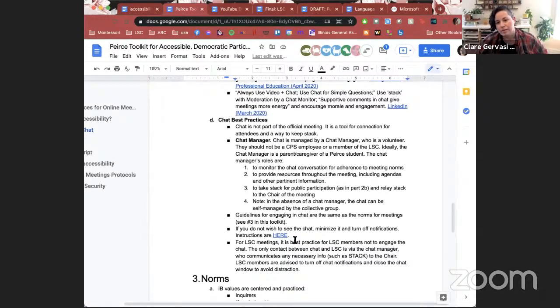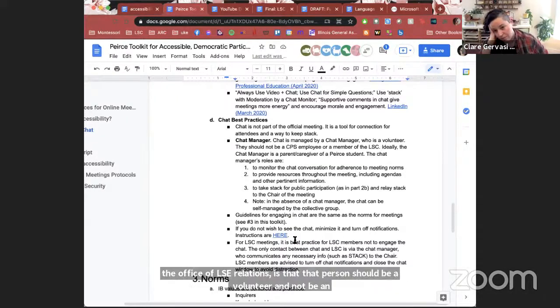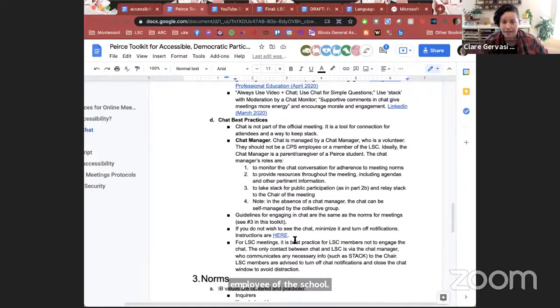The guidance we received from OLSCR, the Office of LSC Relations, is that that person should be a volunteer and not be an employee of the school. We have a Peirce parent who has very graciously given many, many hours of her time to being that person. She also does that and many other things professionally. So we're very lucky to have her expertise.